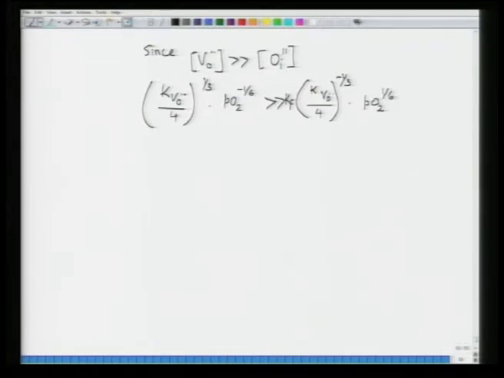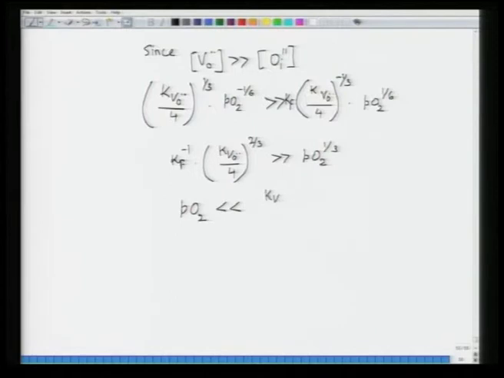So, what you do is take this to the other side. Basically it becomes Kf to the power minus 1 into KVO divided by 4 to the power 2 by 3 greater than PO2 to the power 2 by 6, which is 1 by 3. Which means PO2 is less than, so you just cube everything.